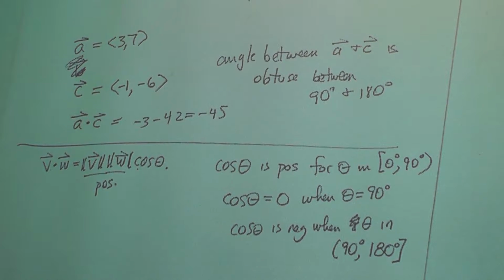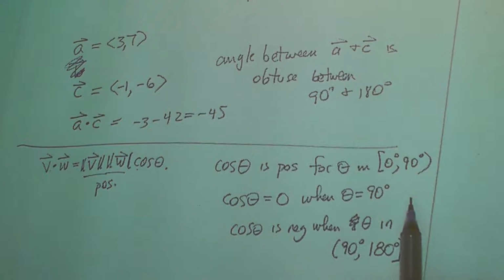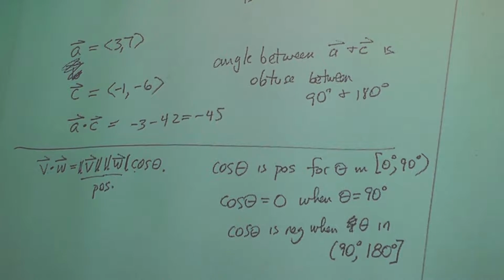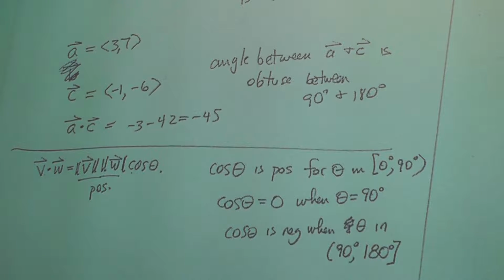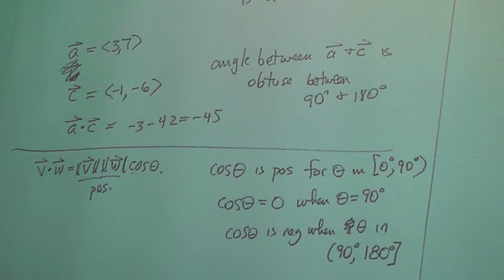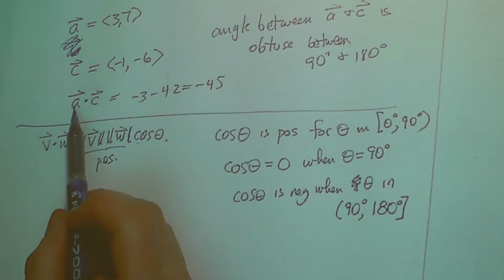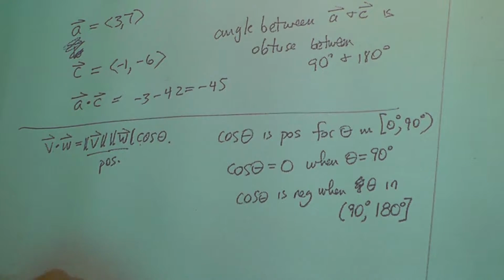You'll be able to see with the pictures and the dot products that are used whether or not you get positives or negatives out. Okay? I can specifically tell you what the angle is.